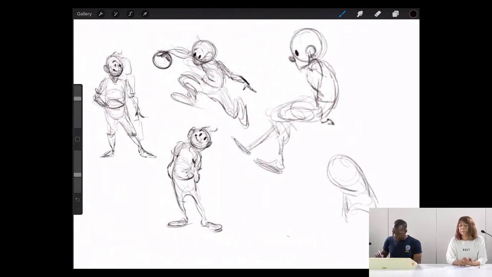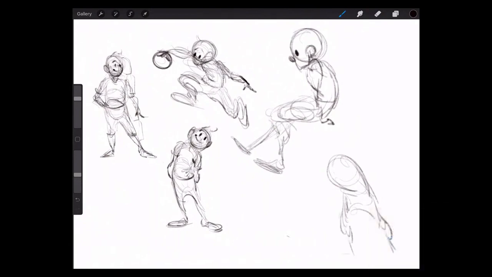So for example, that's one way some people make model sheets of certain characters or animals sometimes.